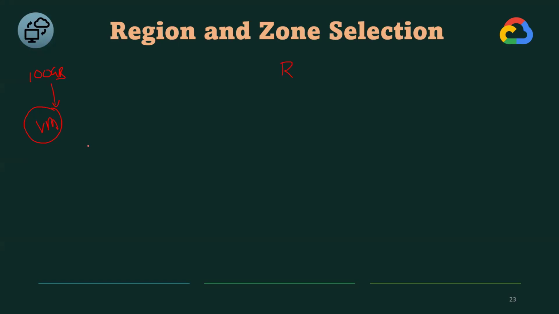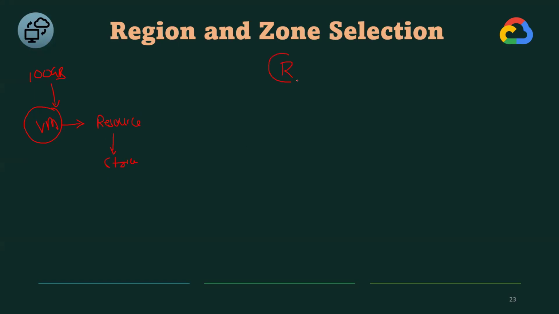Can you tell me what we have to do? First thing, what needs to be done? Think about it. Don't think about virtual machine. We need to create a resource. Just assume that this is a resource. The client is asking me to store 100 GB of data, so we need to store that in the resource. So first we need to create the resource and then store the data.